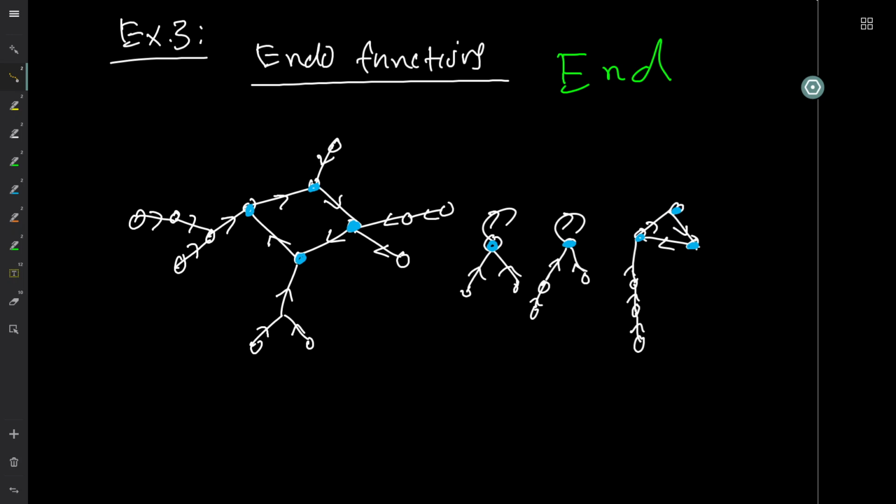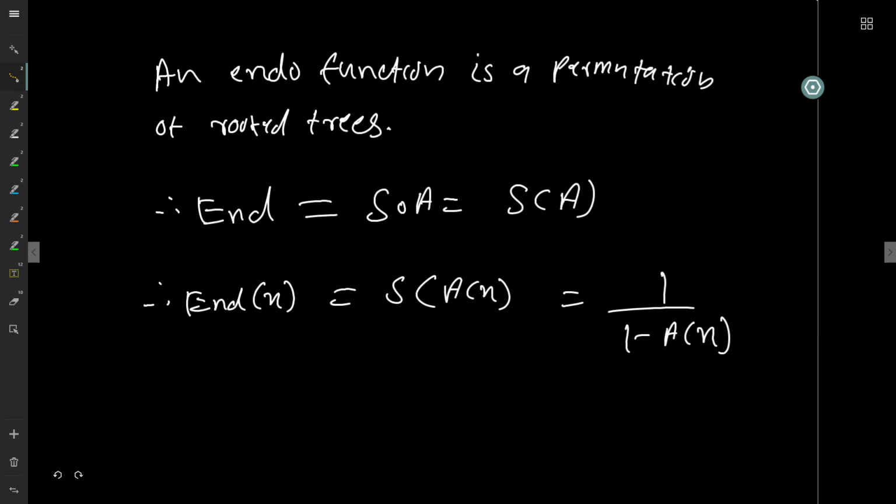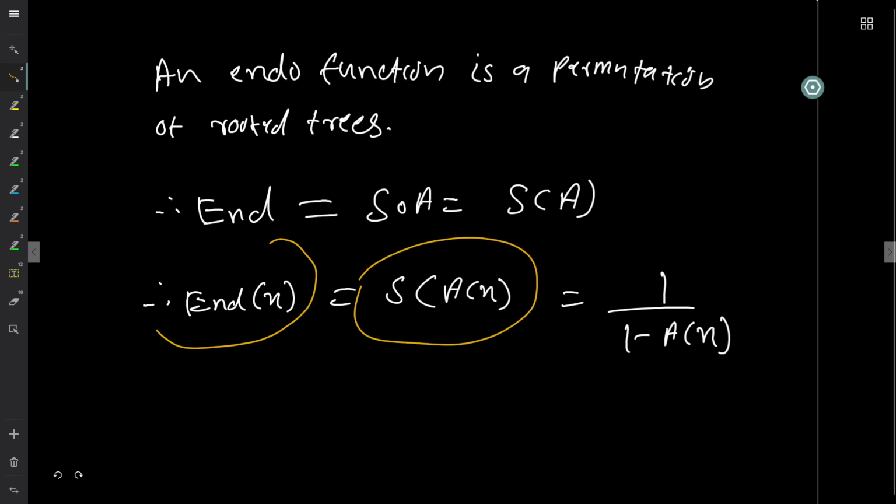So what we are saying is that we have permutations of rooted trees, which is actually equal to the endo function. So we get that the endo function is the composition of S and A. So S composition A, or S of A, is the species of endo functions. And as a consequence, E and D of x is equal to S of A of x.